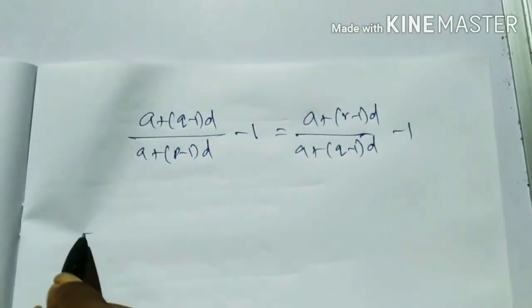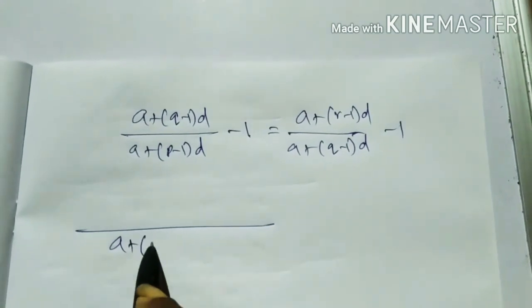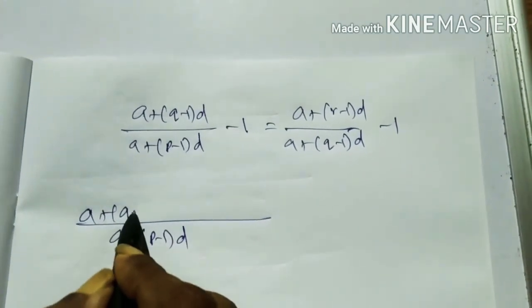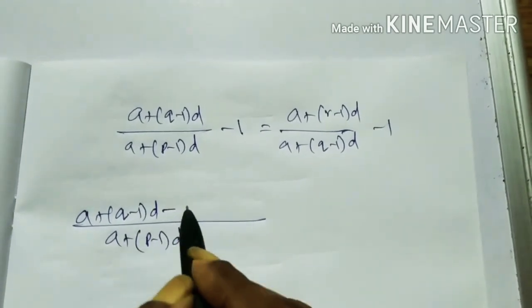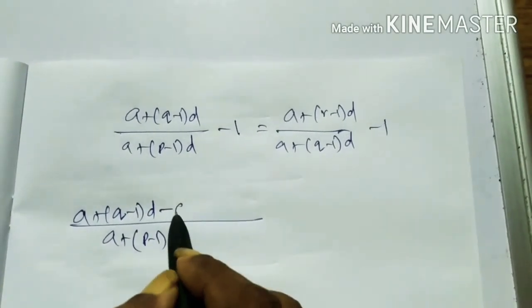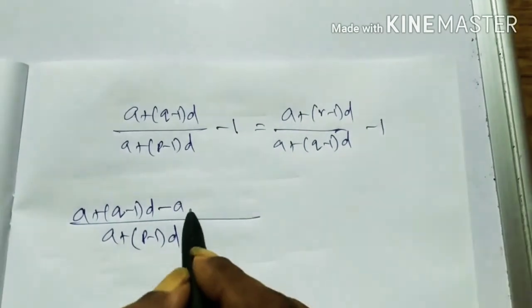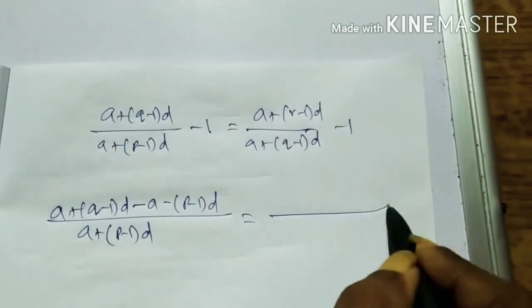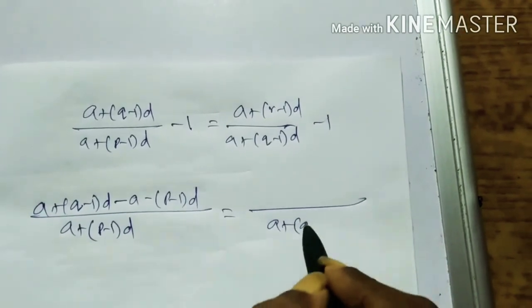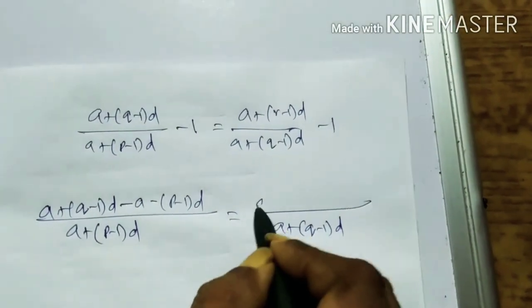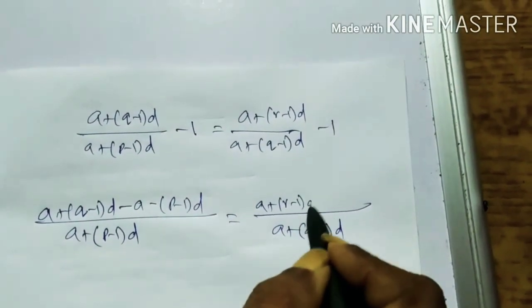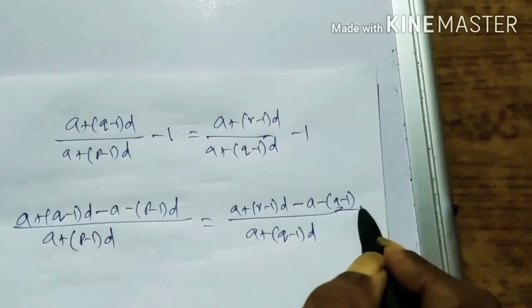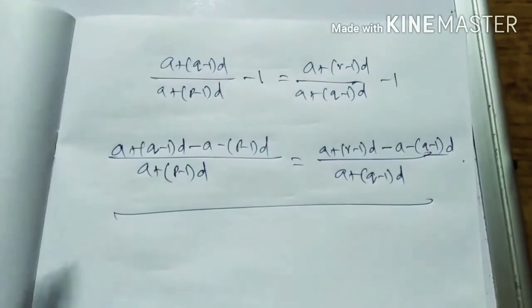Your LCM will become A plus P minus 1D, and in the numerator A plus Q minus 1D minus A minus P minus 1D. Here A plus Q minus 1D, and A plus R minus 1D minus A minus Q minus 1D.